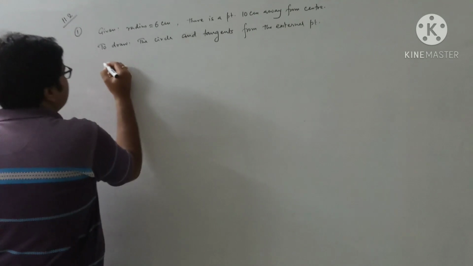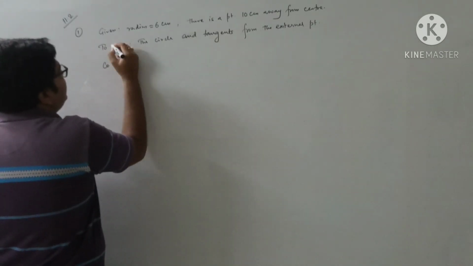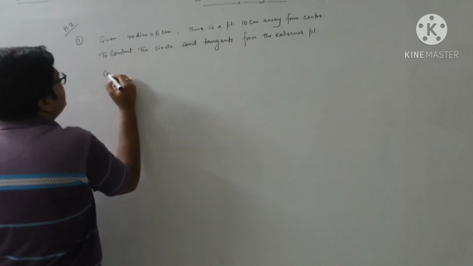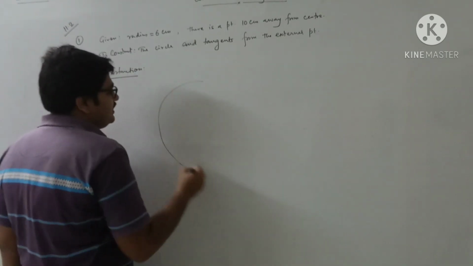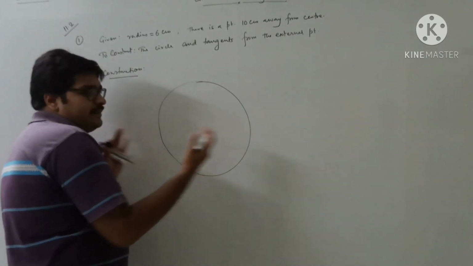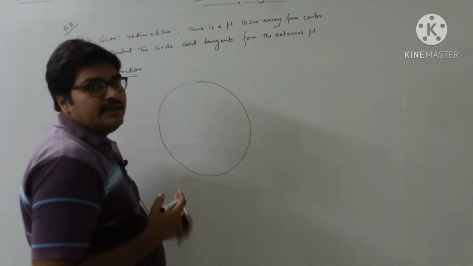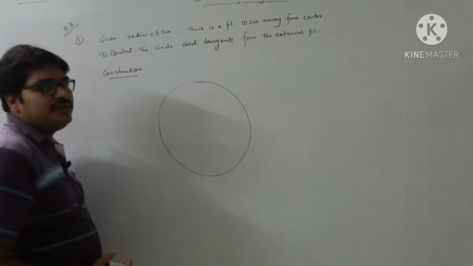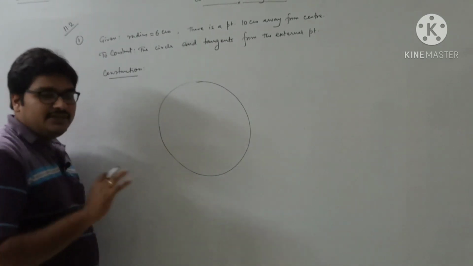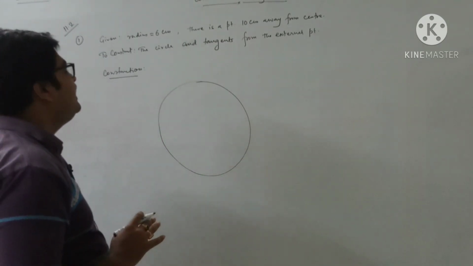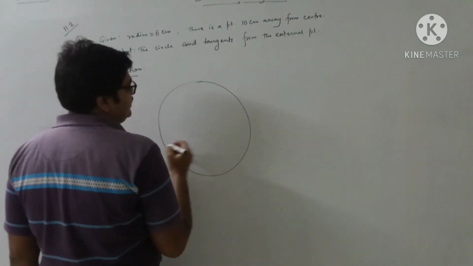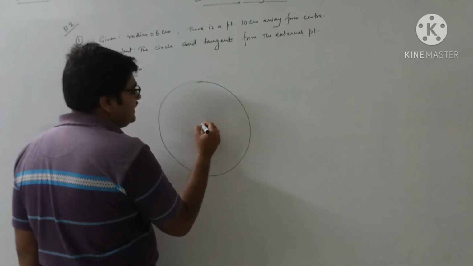So let's start the construction; to construct, you can write, is better. Now the circle of radius 6 cm. Use the left side of your copy to draw the circle, because the right side is required. As much as possible left side is good, because I need more space to do any work. So first of all I have drawn a circle of radius 6 cm. This is the center of the circle.